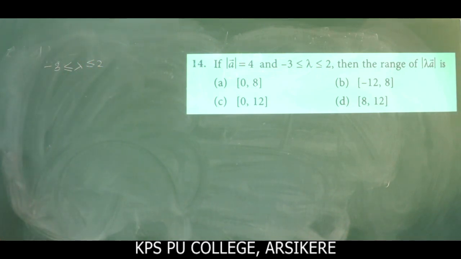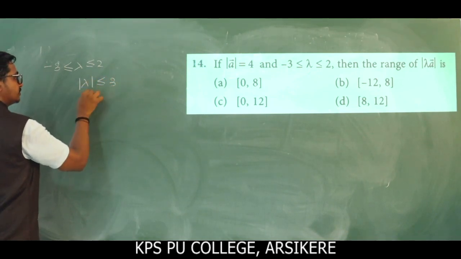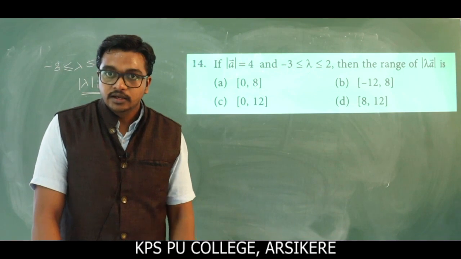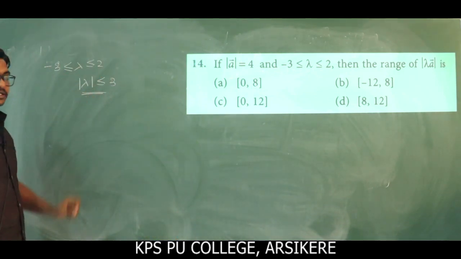If I consider the magnitude of lambda, modulus of lambda is less than or equal to 3. Just remember the linear inequality and properties of modulus. Here we are left with modulus of lambda less than or equal to 3.